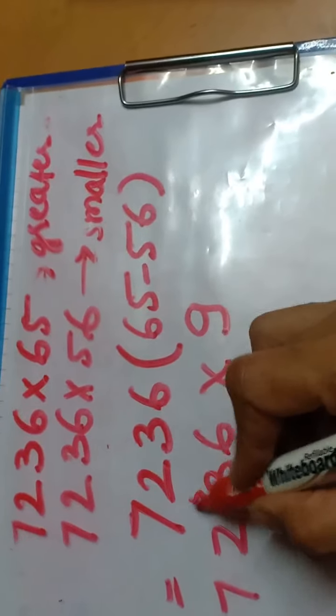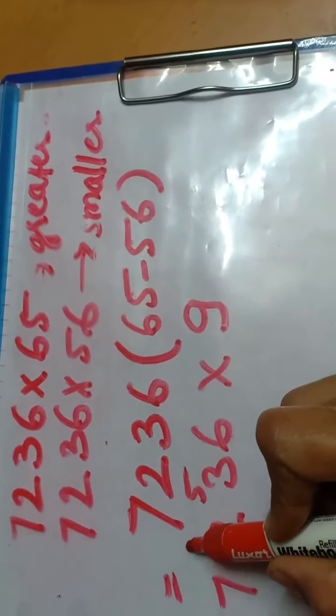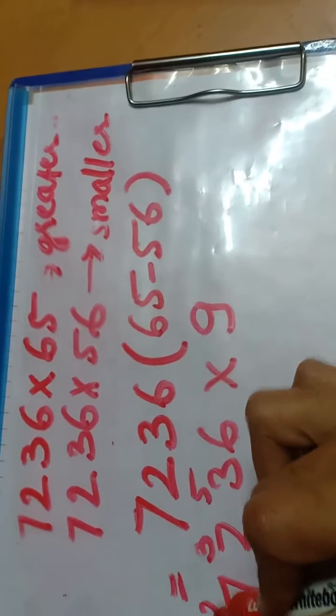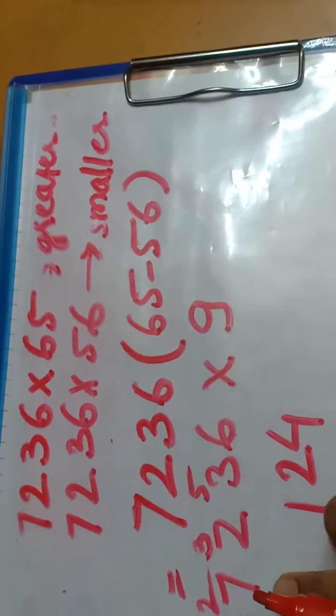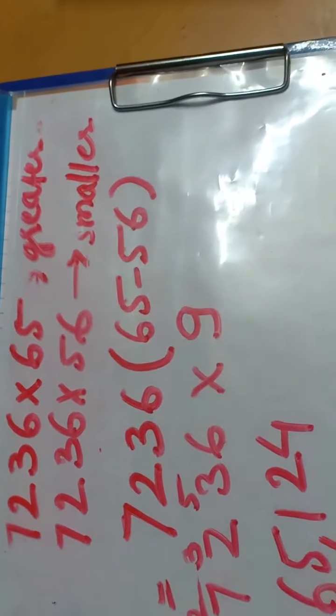So 9 6s are 54, 9 3s are 27 and 5, 32, 9 2s are 18, 19, 20, 21, and 9 7s are 63 and 2, 65.